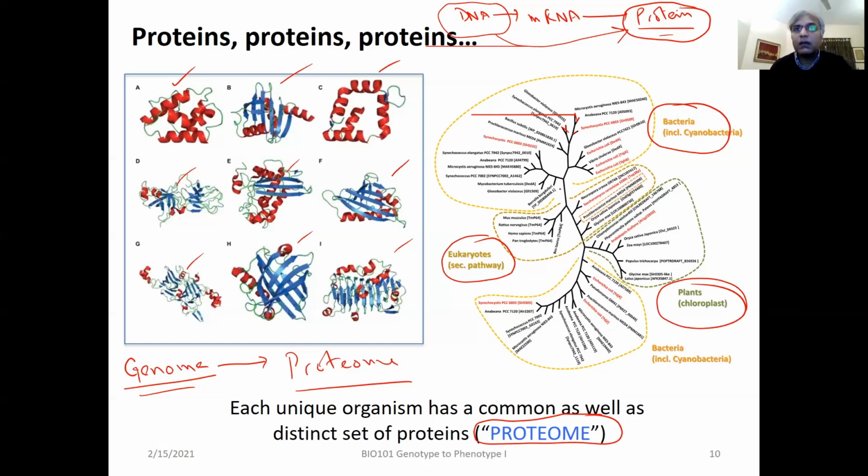We call this study a phylogenetic tree. For example, if you pay attention here, this is mouse, Mus musculus.